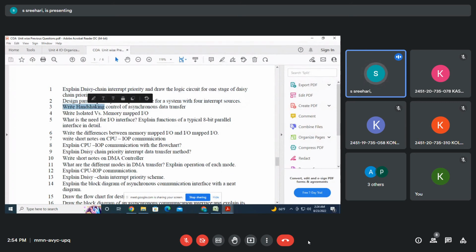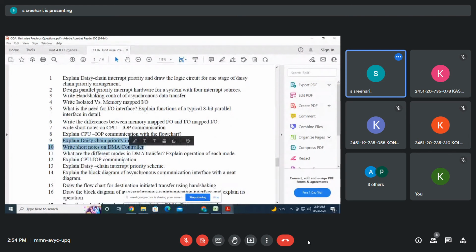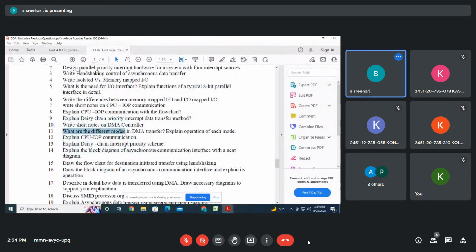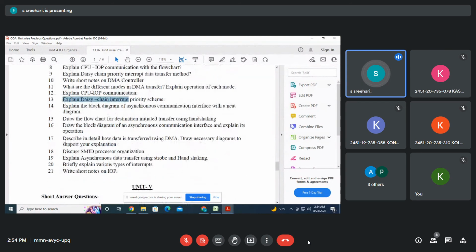Then the difference between isolated versus memory-mapped IO, and short answers. Daisy chain again, then DMA, again DMA, again daisy chain, again DMA.